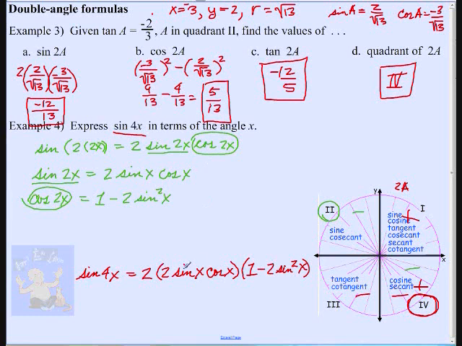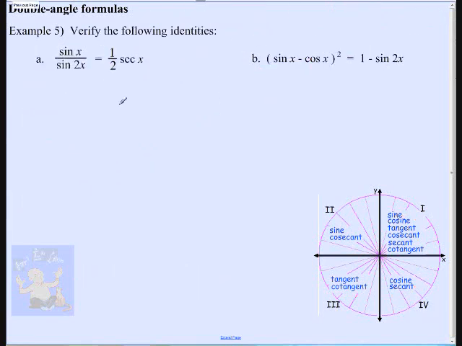Now we could probably simplify this even further, but I'm not going to take it any further in the interest of time. I am, however, going to do both of these. We're going to verify these two identities, and we're going to work with this side. I've got the sine of x.